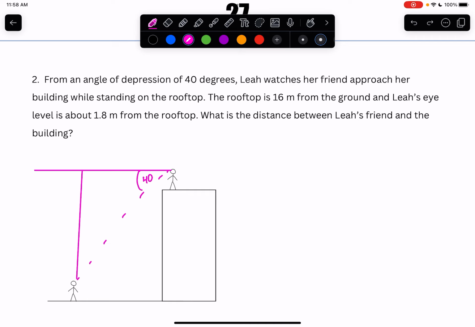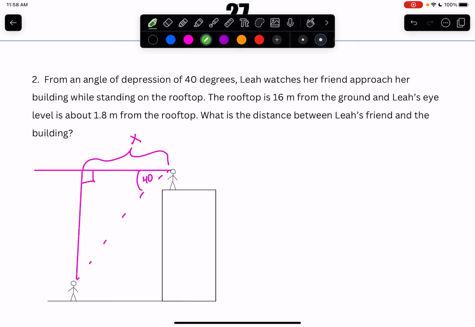And this is how we get our right triangle for this problem. The rooftop is 16 meters from the ground, and Leia's eye level is about 1.8 meters from the rooftop. What is the distance between Leia's friend and the building? I'm looking for this distance because I'm looking for how far Leia's friend has to walk.